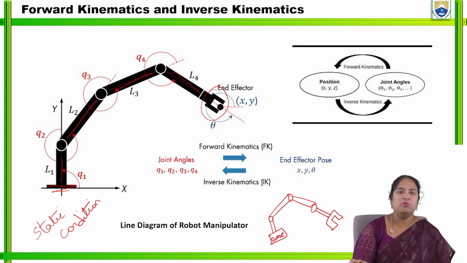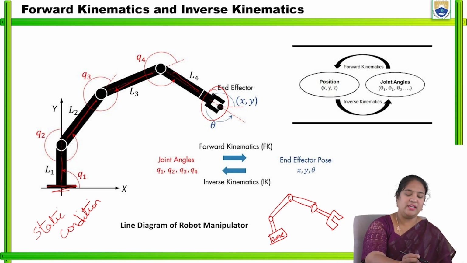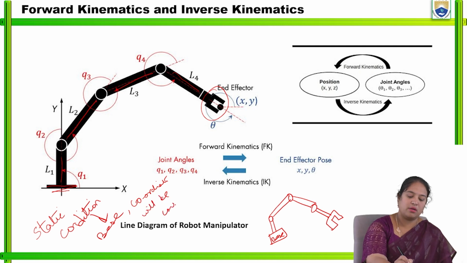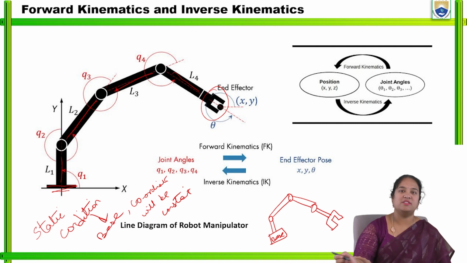Whereas, as the robot movement starts, as any motion begins within the robot, all the Cartesian coordinate systems, or the frames, and the position of the robot will change. Initially, in the static condition, the base as well as the coordinates will be constant.